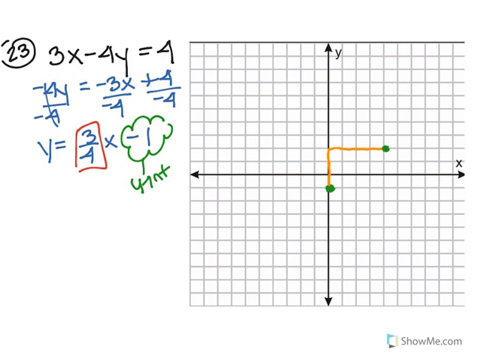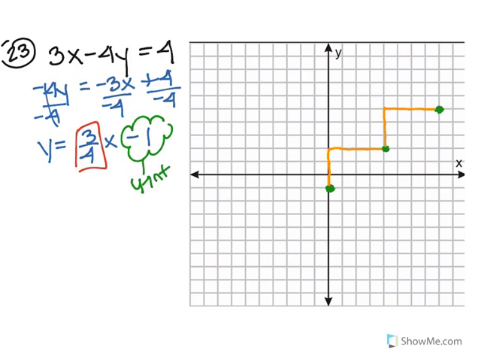Okay. I need 3 dots, and you need to know that for tests. I need 3 points, and one of those points has to be the y-intercept. So I need to see that slope again. So that means I'm going to go up 3, 1, 2, 3, and I'm going to run to the right 4. 1, 2, 3, 4. That's where the next point will be.